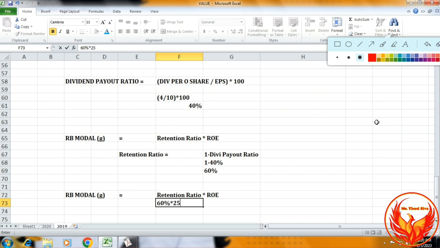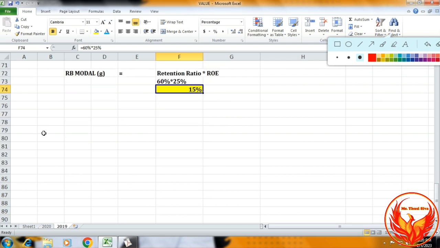So 60% into 25%, the answer is 15%. This is the answer for the RB model. The growth rate is 15%. That is the answer for the A part.